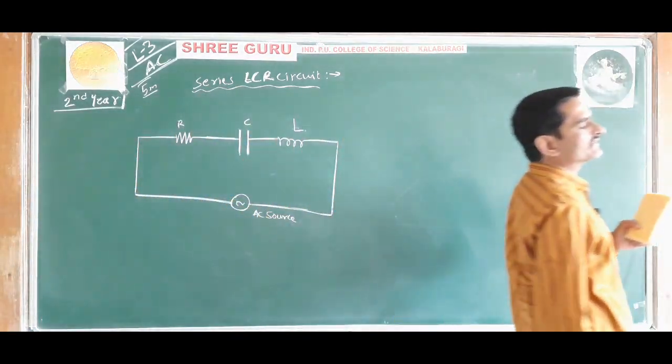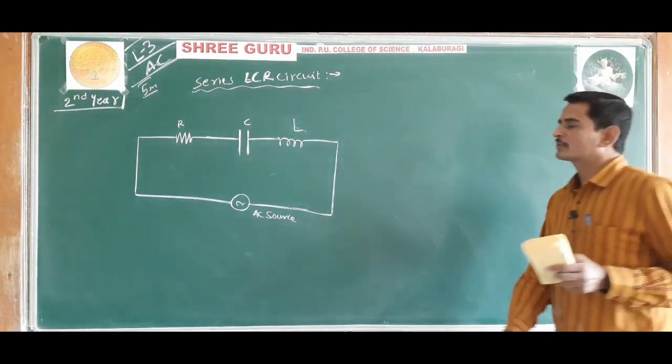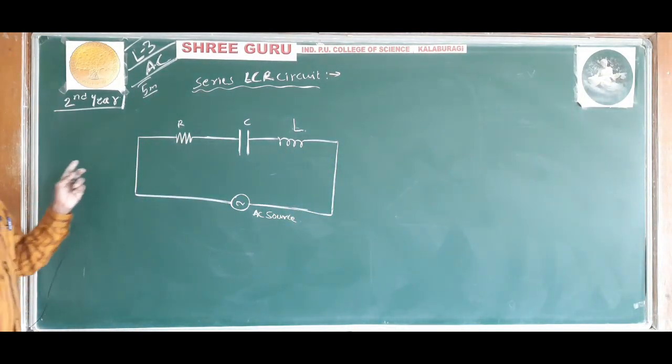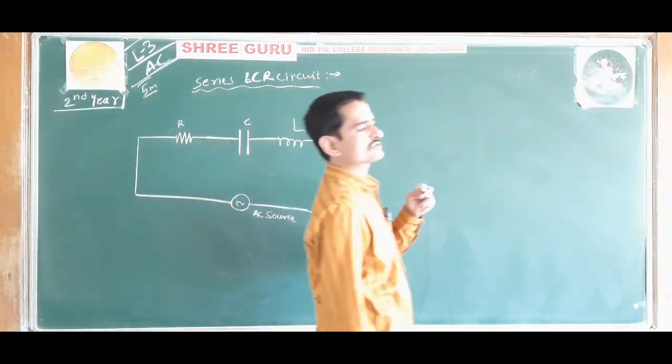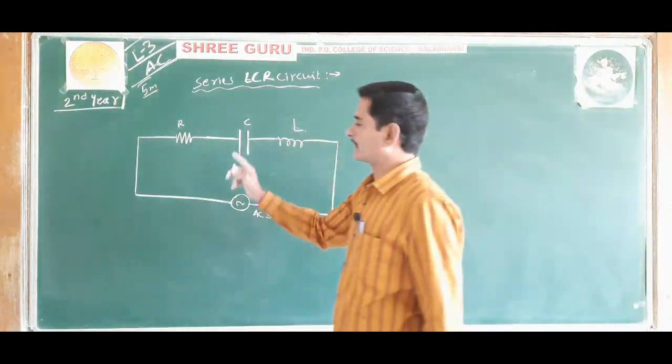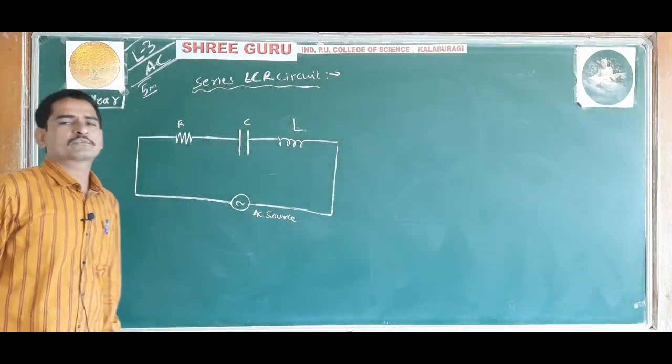Now we have to derive the effective opposition offered by all the three, that is resistor, capacitor and inductor, to the flow of AC.